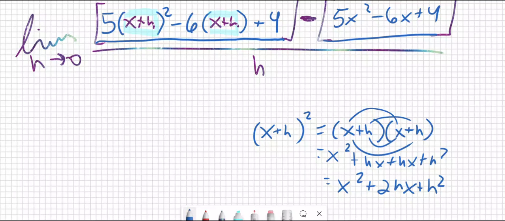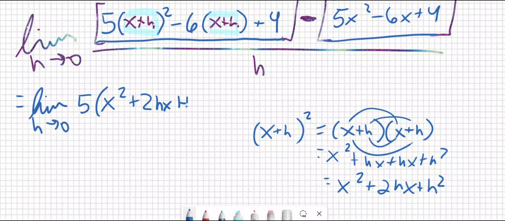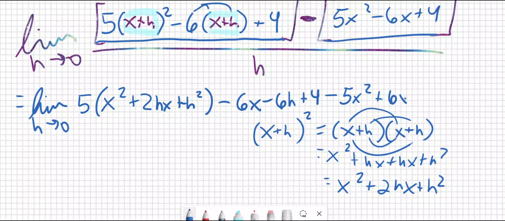All right, so if we're simplifying here, we have the limit as h goes to 0 of 5 times, we just figured out that x plus h squared looks like this. I could probably distribute my minus 6 now. Could wait till later when we distribute the 5, totally up to you. Plus 4. We could distribute this negative, so minus 5x squared plus 6x, right?